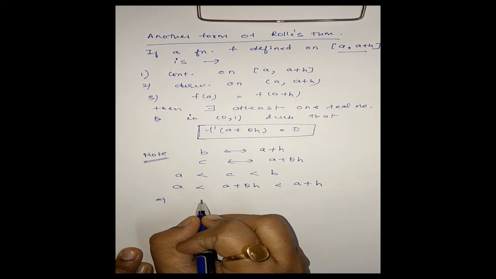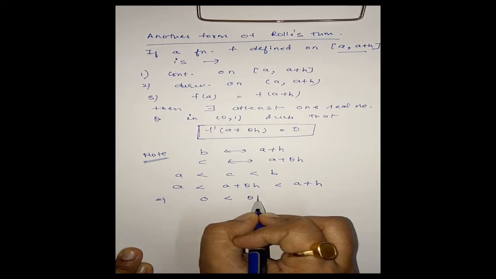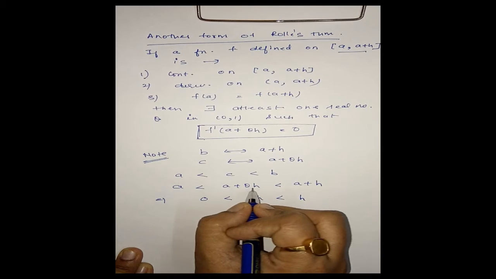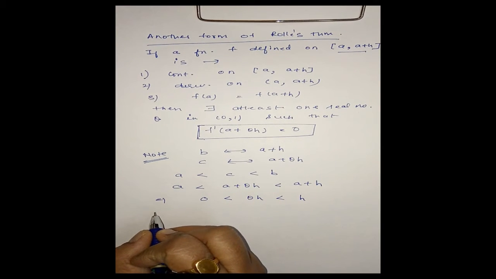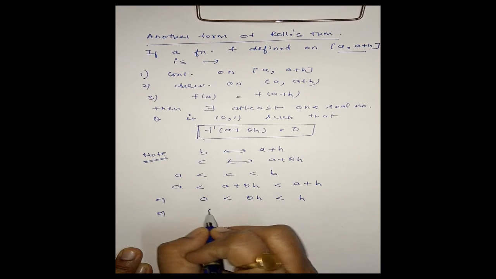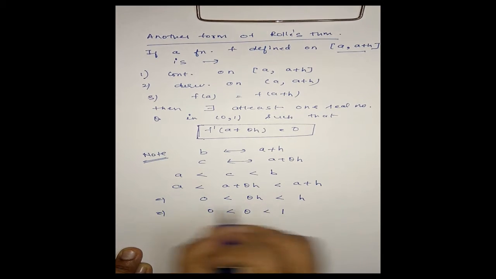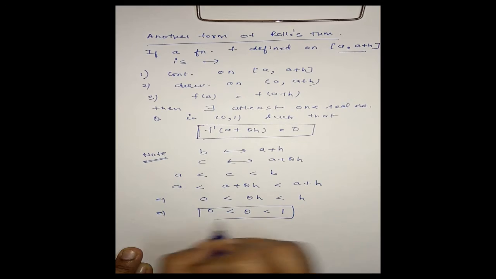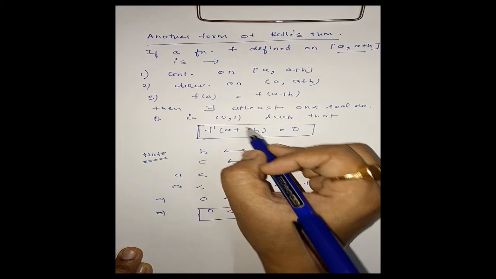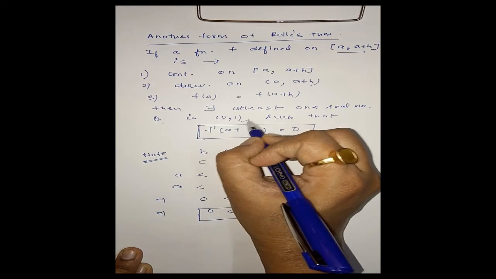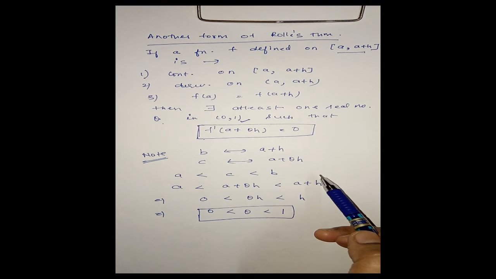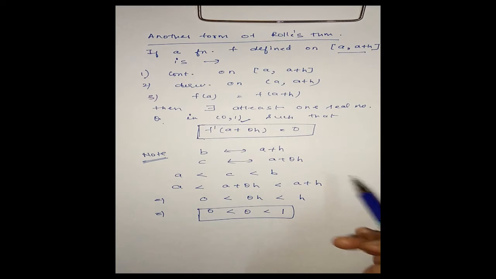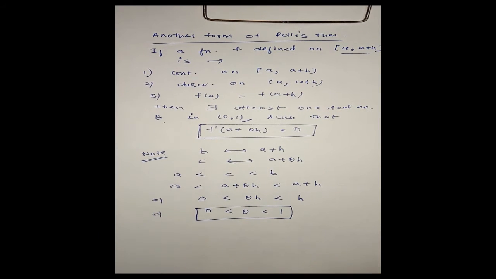This implies 0 is less than theta h is less than h, subtracting a. And this will give us 0 less than theta less than 1, dividing by h. Therefore, theta lies between 0 and 1. We have taken theta in the interval (0, 1). This is another form of Rolle's theorem. Clear?